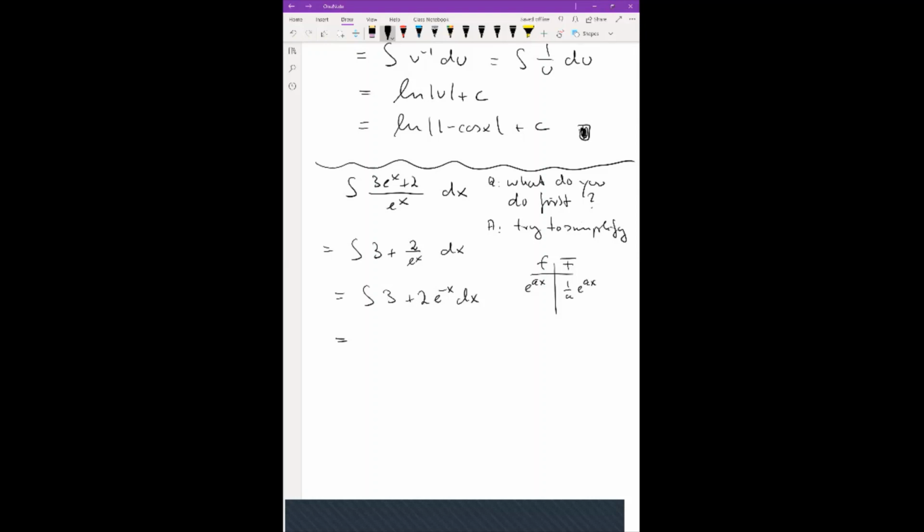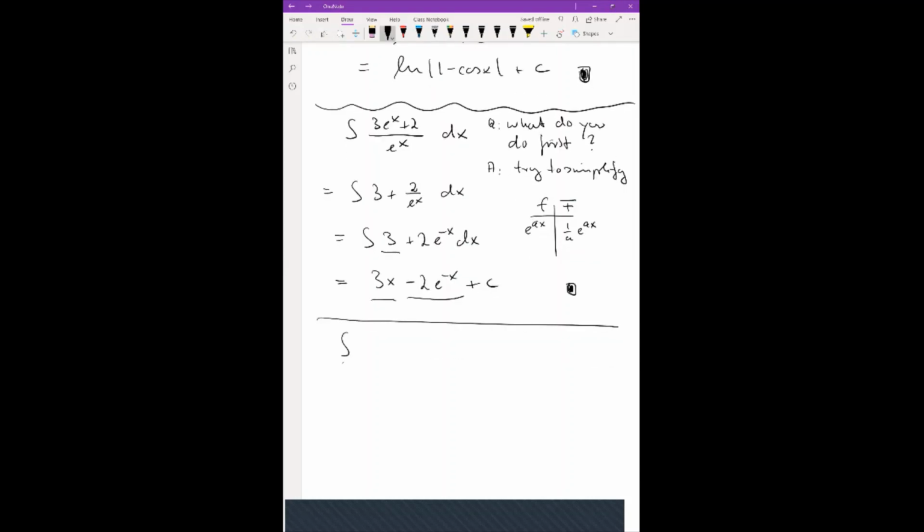So the antiderivative of 3 will be 3x, and then the antiderivative of 2e to the minus x will be minus 2e to the minus x plus a constant. Check: if I take the derivative of 3x, it is 3, and the derivative of minus 2e to the minus x is 2e to the minus x. So that is correct.